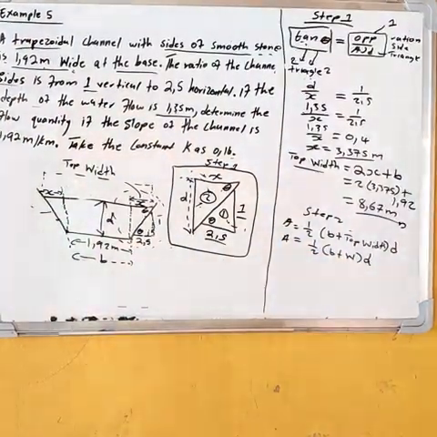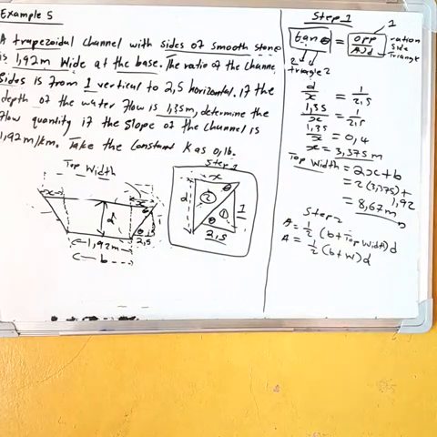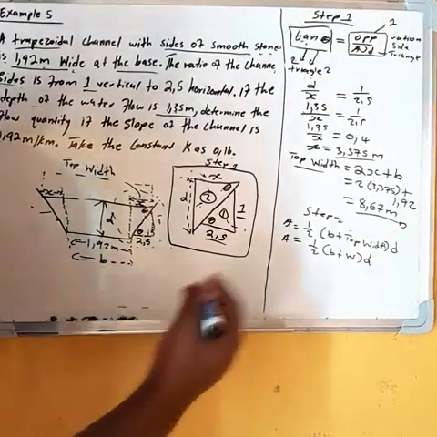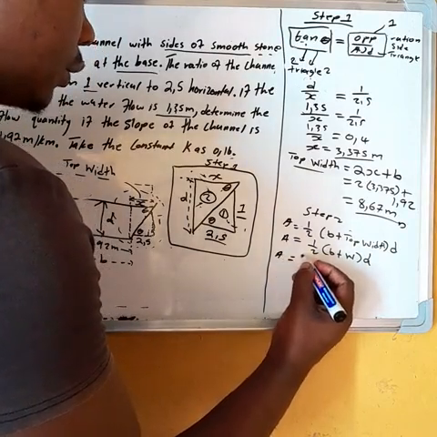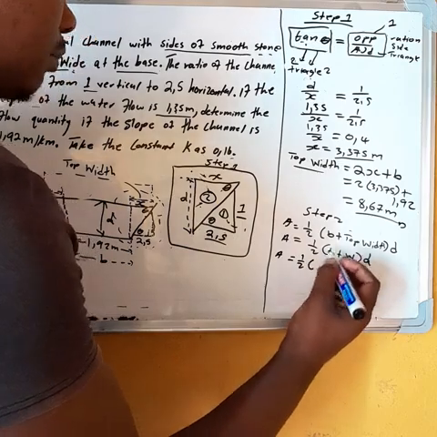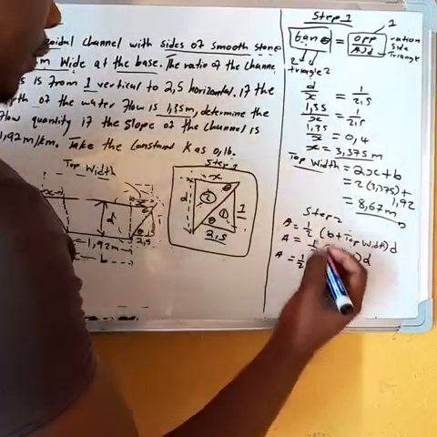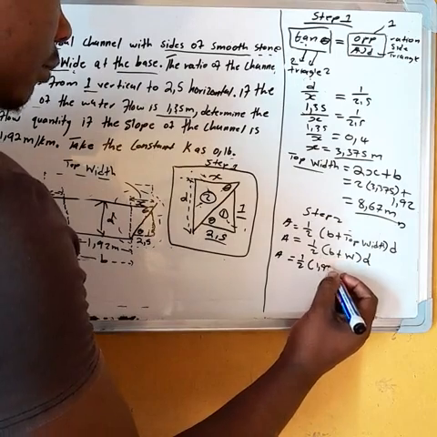This is the area formula for a trapezoid. You must know this formula, right? 1/2 into bracket base plus width multiplied by depth. Then you substitute what you know. Your area is 1/2. The base is 1,992.